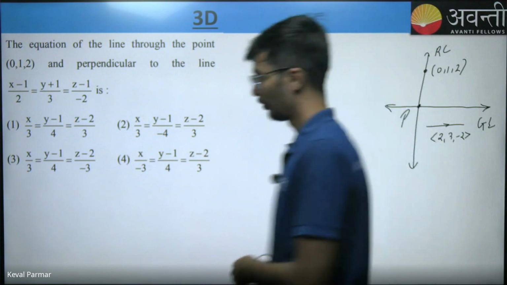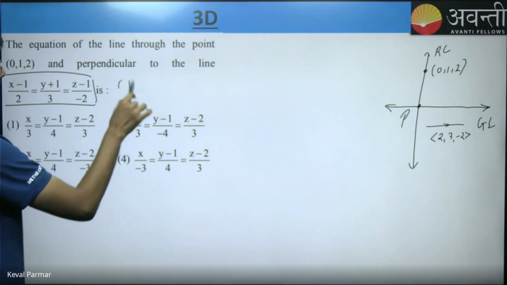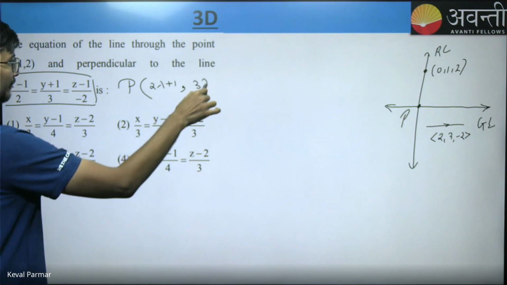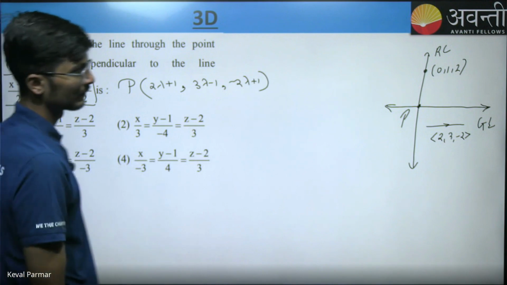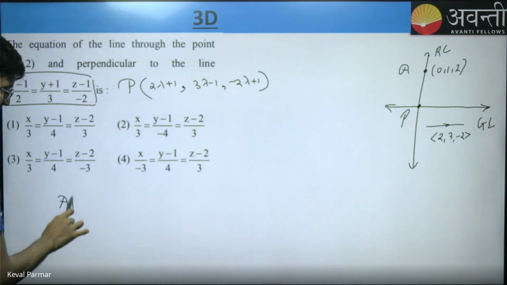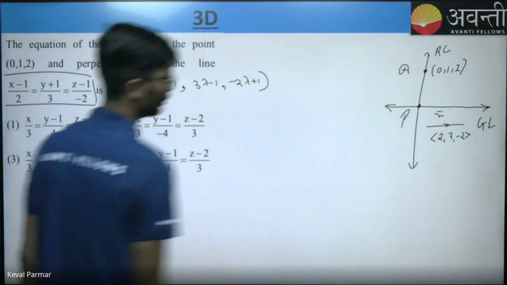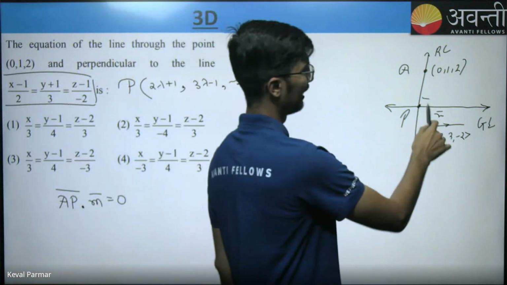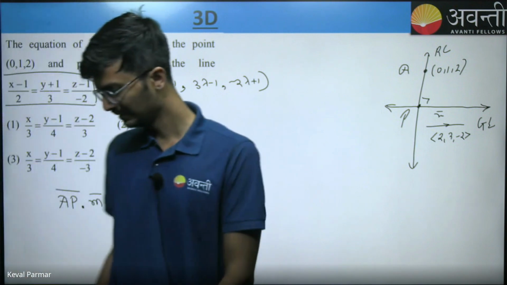So we can get the coordinates of point P. It will be 2 lambda plus 1, 3 lambda minus 1, minus 2 lambda plus 1. Let this be point A. Now AP vector dot M vector equals 0, because AP and M are perpendicular.